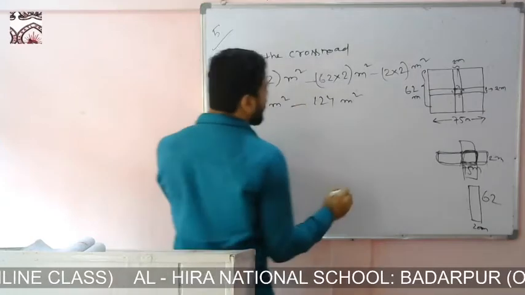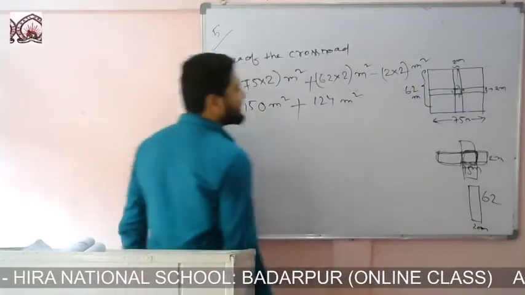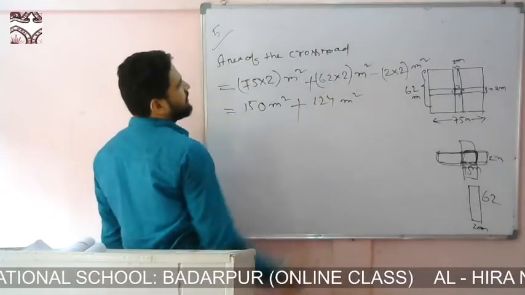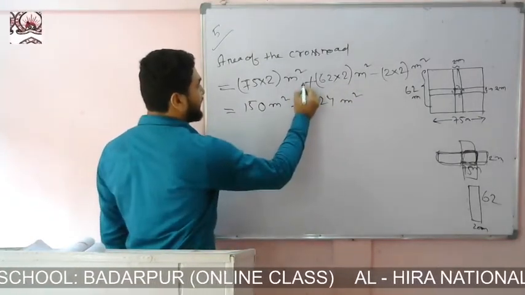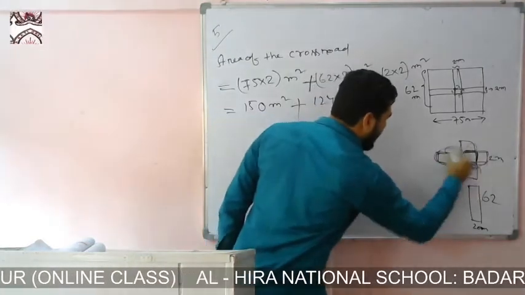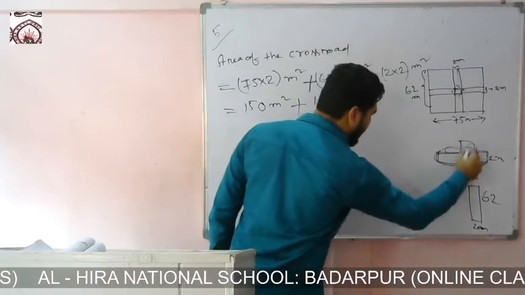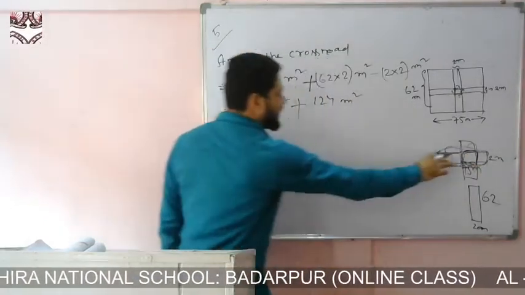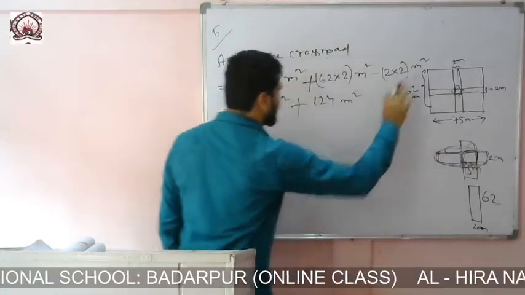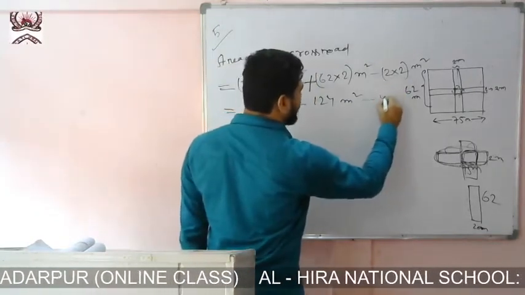Sorry, here will be plus, because we are finding the area of the crossroad, so this section will be plus, because we have to find both roads. This portion will be subtracted because it is the common portion, which we are taking 2 times. So here will be minus 2 into 2, that is 4 meter square.